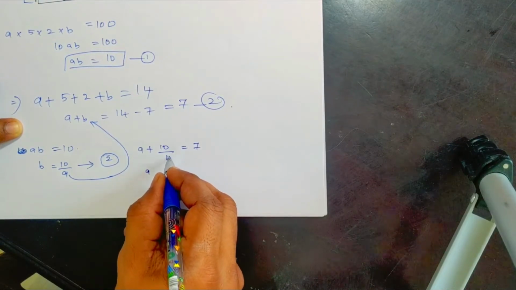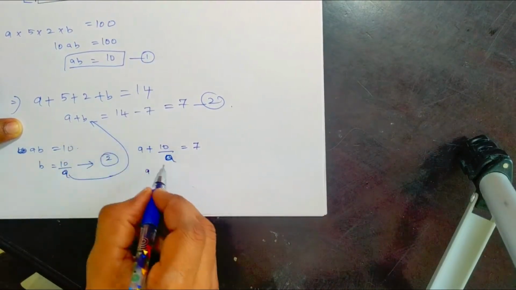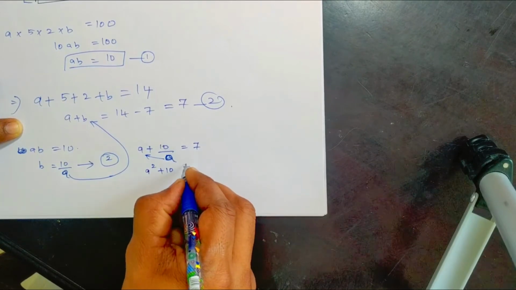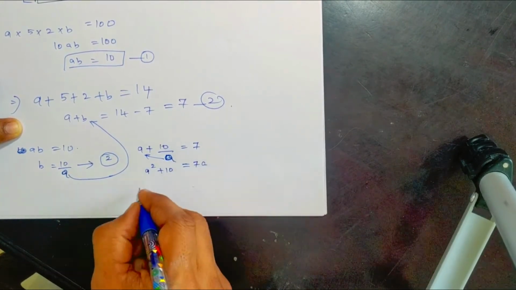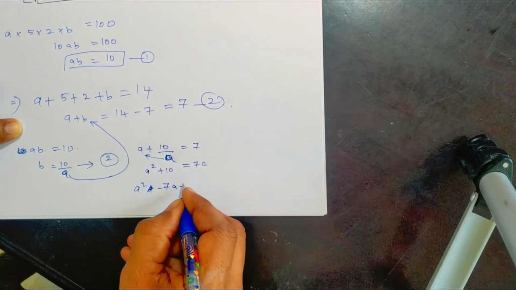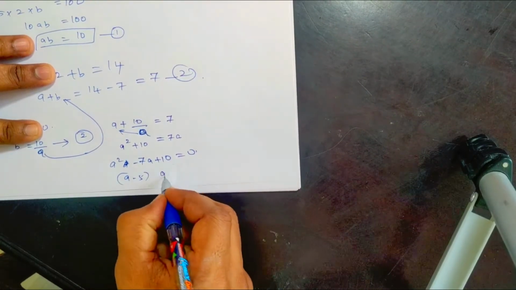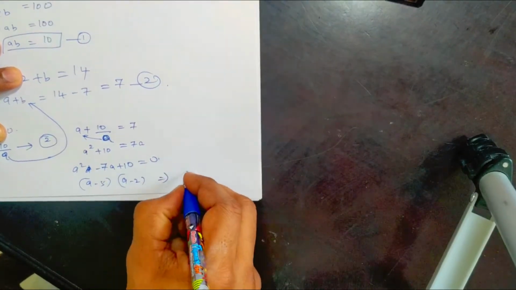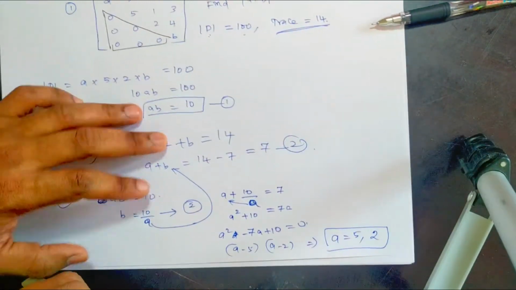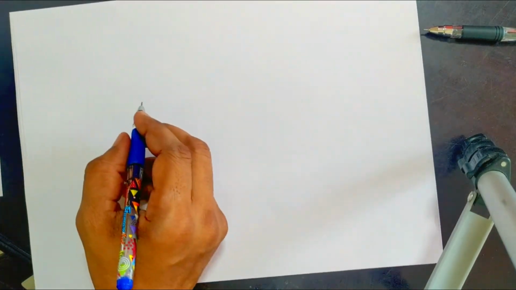Then this will be A squared plus 10 equal to 7A. Then A squared minus 7A plus 10 is equal to 0. Then this will be (A minus 5)(A minus 2). Then A can be 5 or 2.